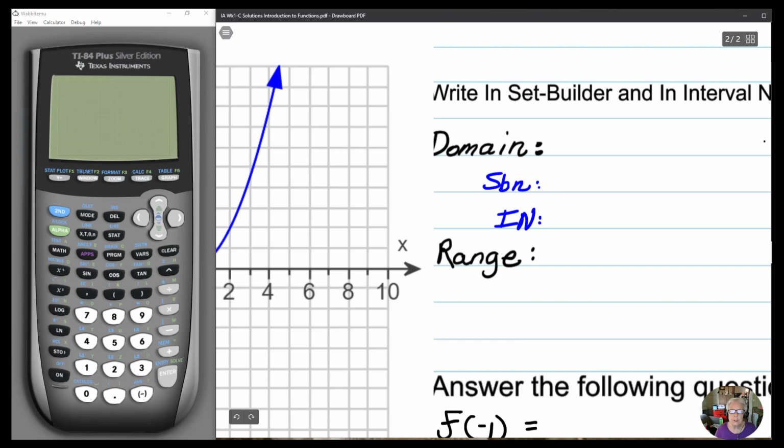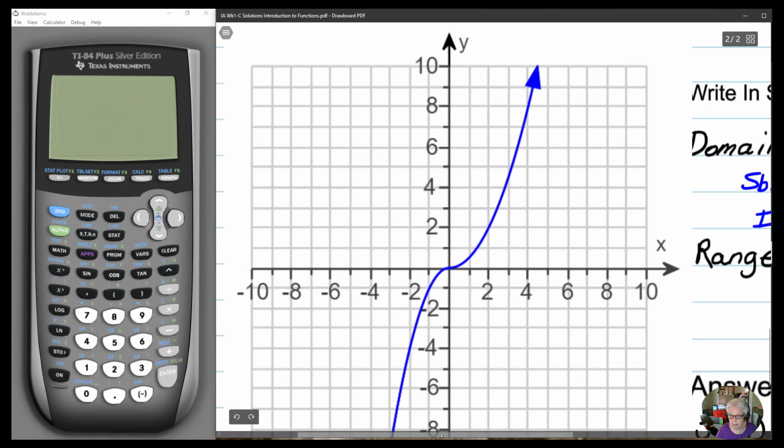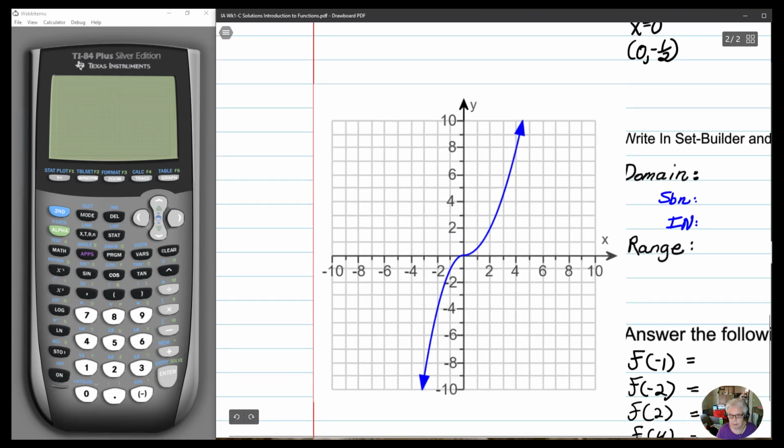So, more things to remember first. Positive infinity is up here. Negative infinity is down here.